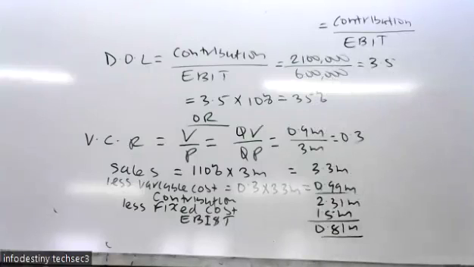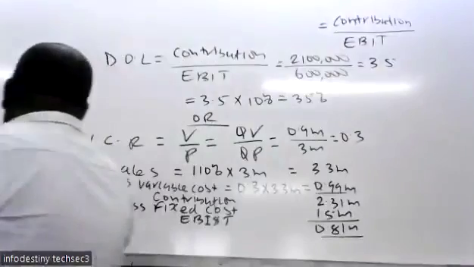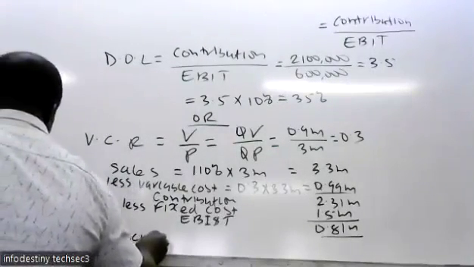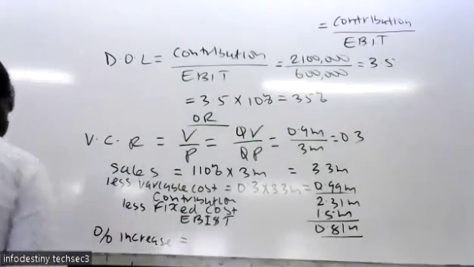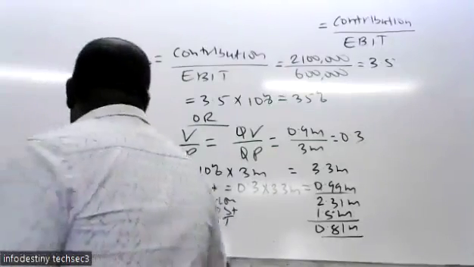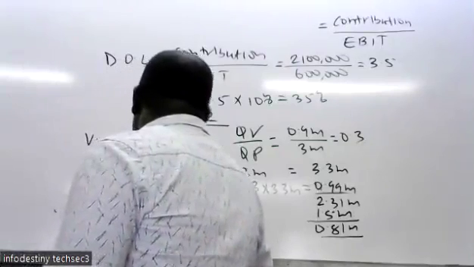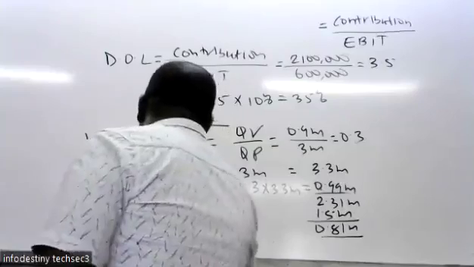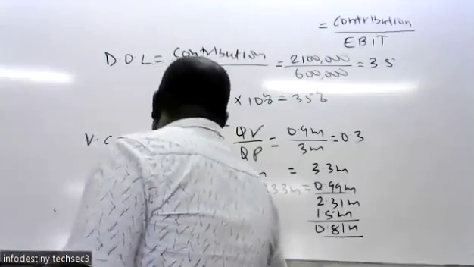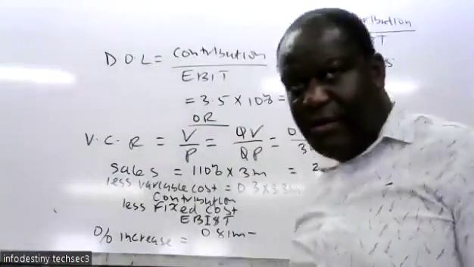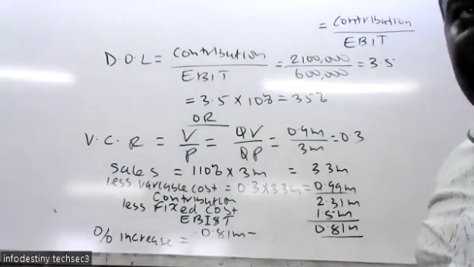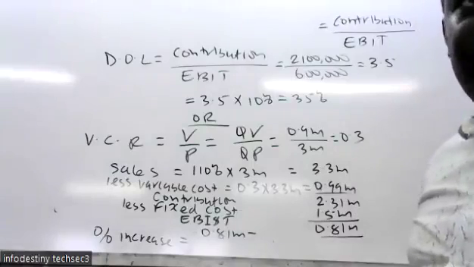So what is the percentage increase in that figure? To get the percentage increase, we take what we have calculated, 0.81, minus what was initially there, which was 600, the same as 0.6.